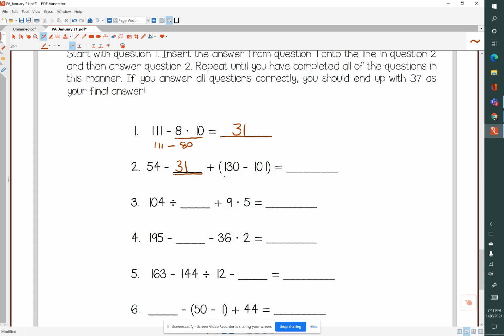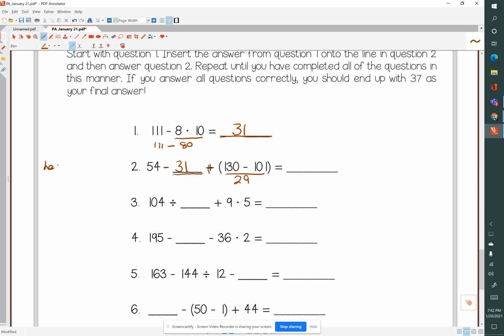Well, we've got a grouping symbol here, these parentheses. So let's do that first. 130 minus 101 is 29. Now we have subtraction and addition, and we don't do subtraction before addition. What we do is subtraction and addition in whatever order they appear from left to right.